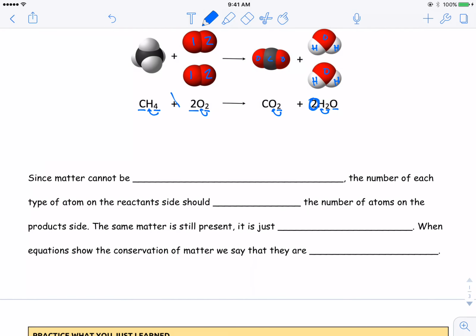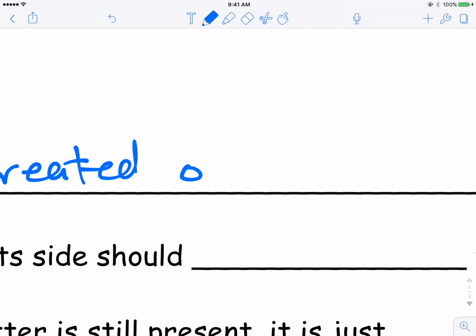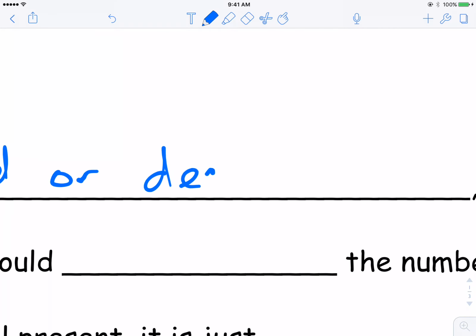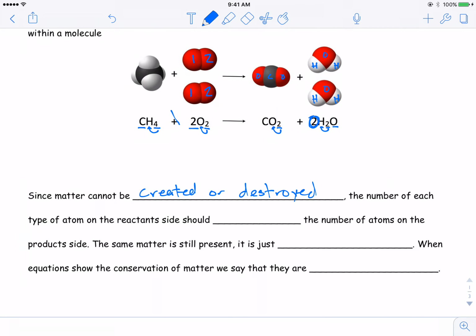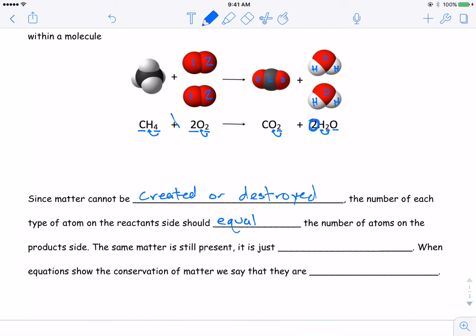And we learned that matter cannot be created or destroyed. That's the conservation of matter. So since matter cannot be created or destroyed, the number of each type of atom on the reactant side should equal the number of atoms on the product side.